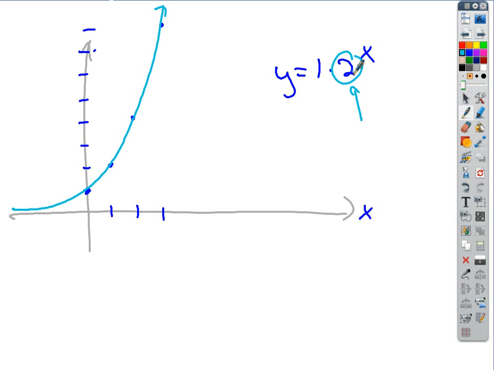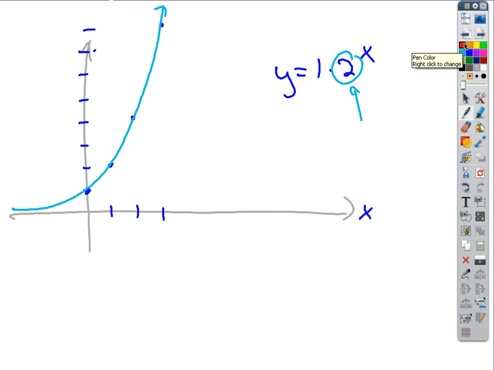And of course, when you double things and then double again, those numbers get big pretty fast. 1 doubles to 2, 2 doubles to 4, 4 doubles to 8. 8 goes to 16, 32, 64, 128, 256, 512. They start to get big in a hurry, right? Anyway, that's what this curve looks like. When we say exponential growth, that's what you see.